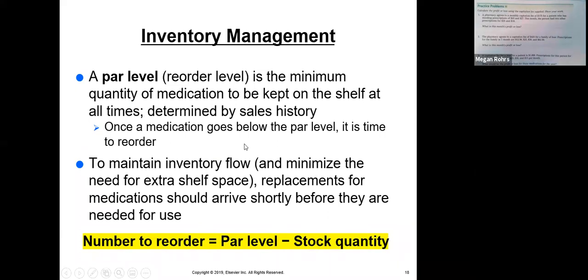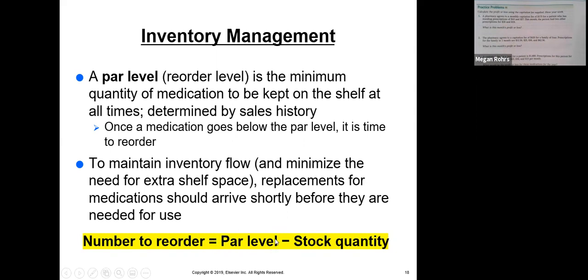The amount of medication that we want to have in stock on hand at any time is what we call the par level. Once a medication reaches below that level, we need to reorder more. So, very simple equation here.